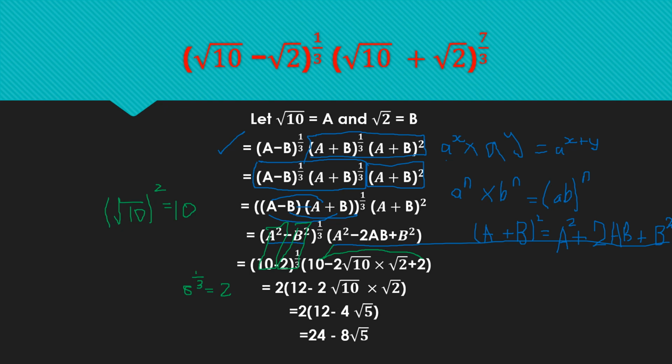Some of you may be wondering, how did I get this 4? Now, it is actually simple. This root 10 is made of, in primary 1 or level 1 or standard 1, you learned that 2 times 5 is 10. So it's just root 2 times root 5.